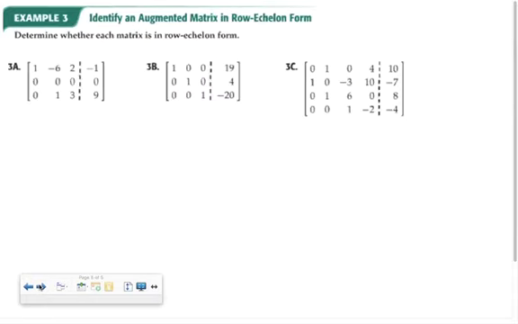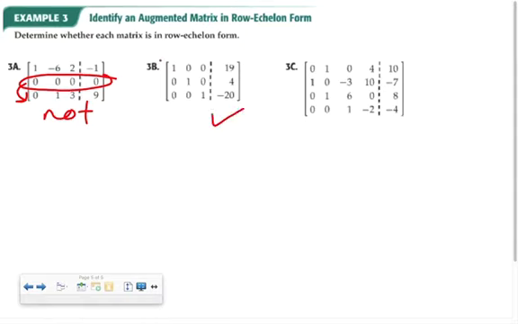So in this last example in this video, we're just determining whether the matrix is in row echelon form. Right away, I can see that A is not, because this should have been at the bottom. B is in row echelon form.